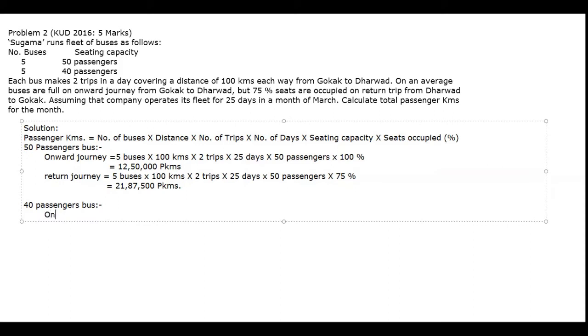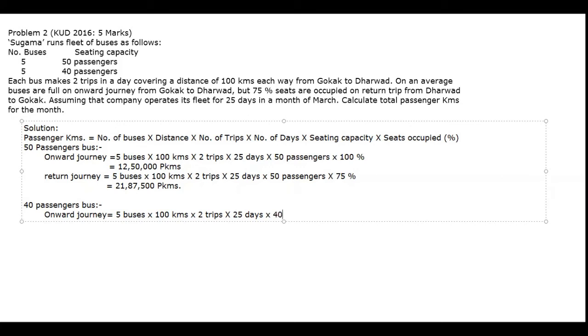Now again onward journey is equal to 5 buses, same 5 buses, into 100 kilometers, into 2 trips, into 25 days, into how many passengers?